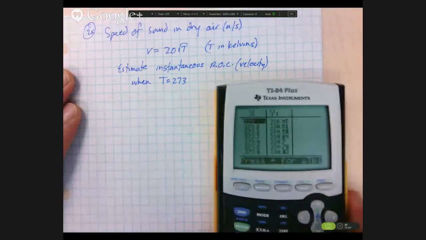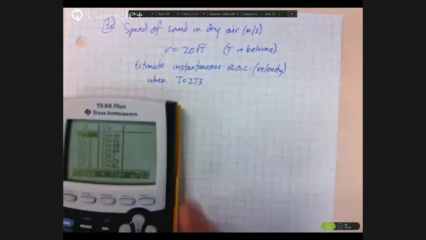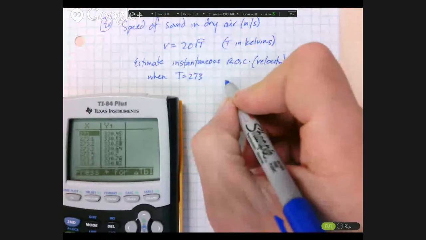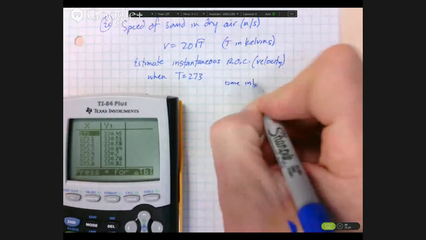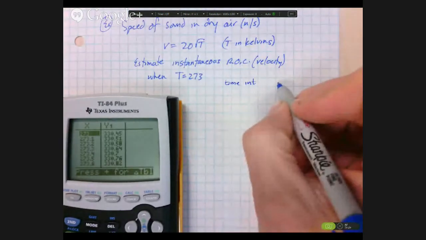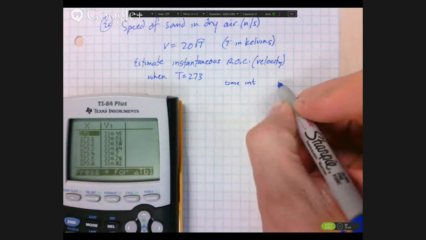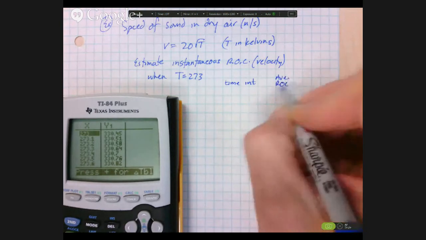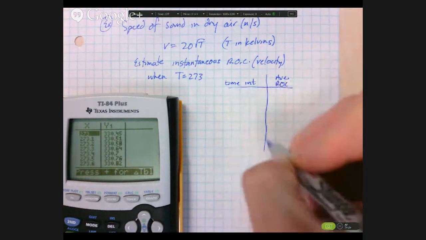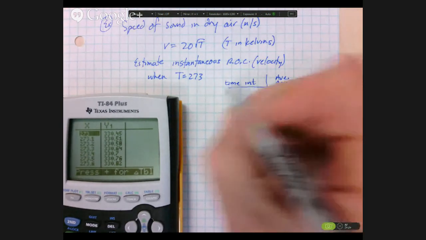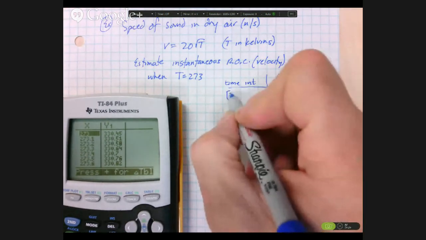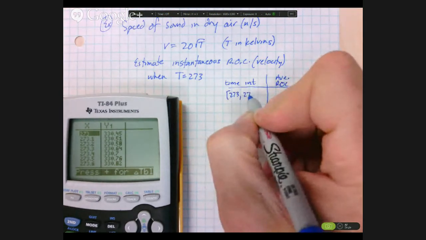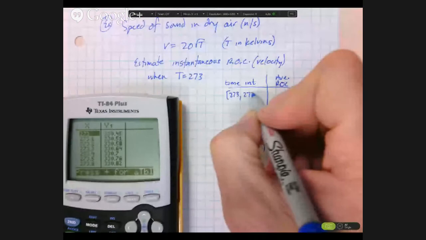All right, so we can get our numbers straight from the table. So we have a time interval, and we have the average rate of change. So we're going to go from 273 to 273.1.